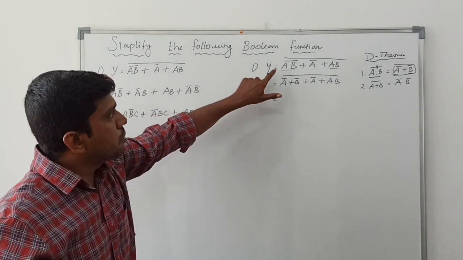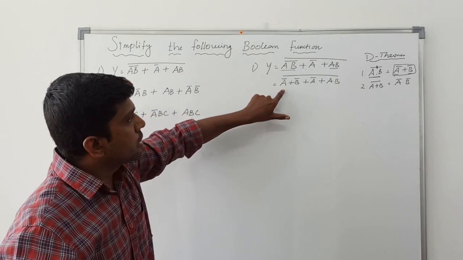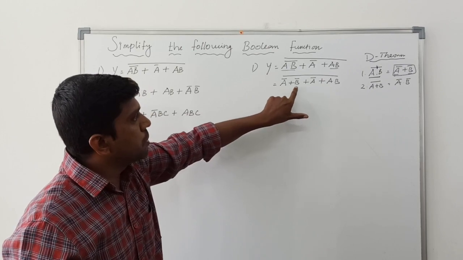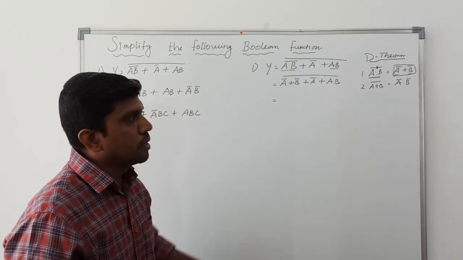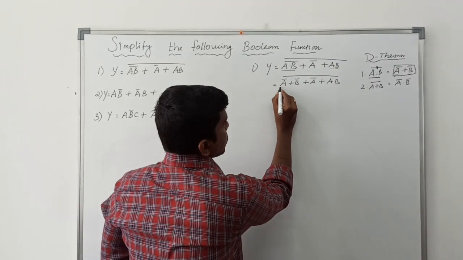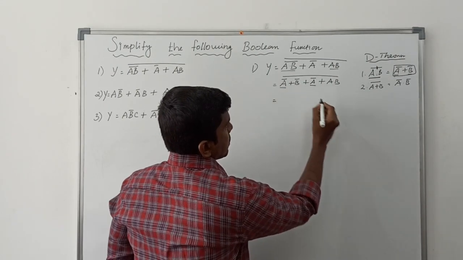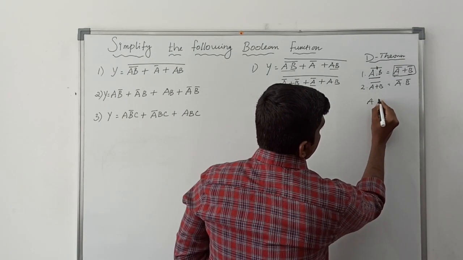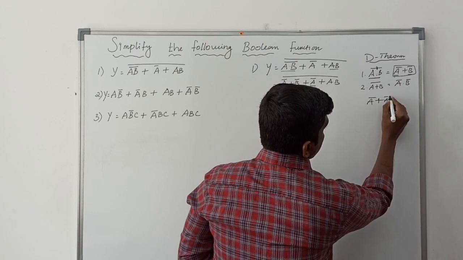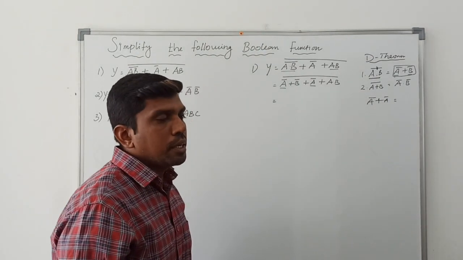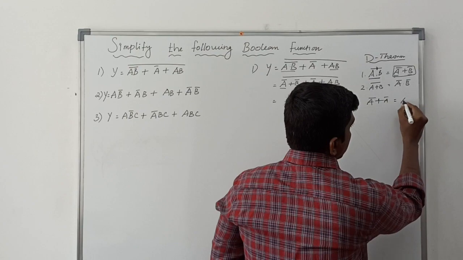In this expression we have two A bar, so A bar plus A bar means you will get the result A bar.